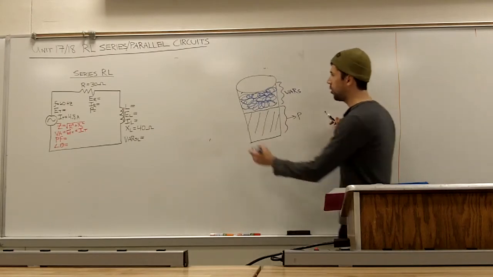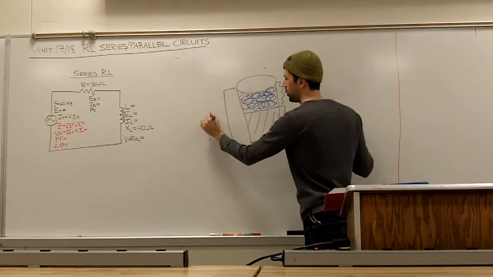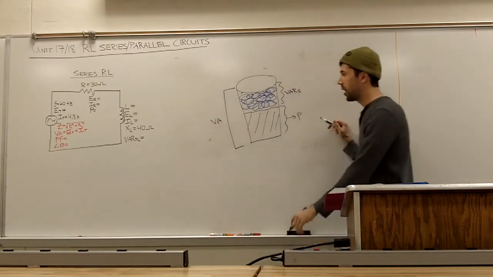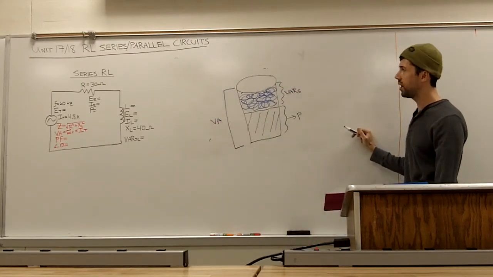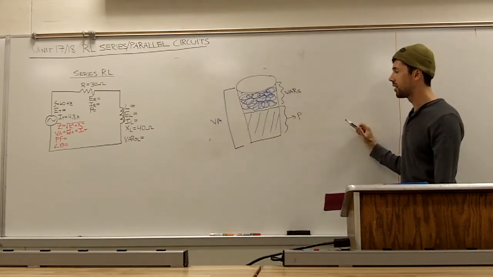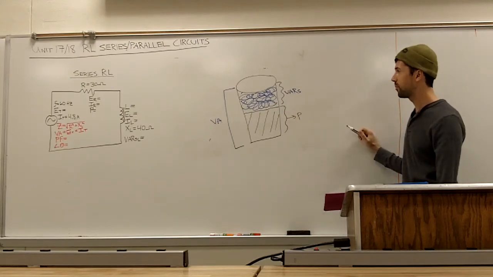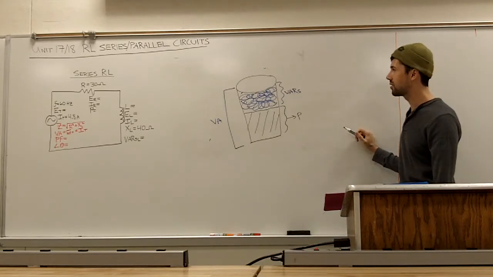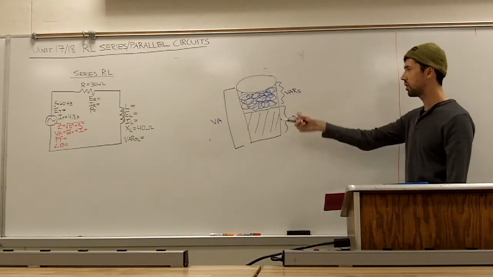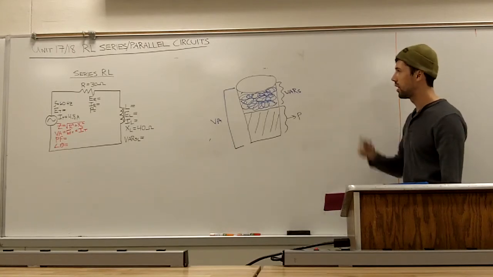And then the total drink would be your apparent power VA. Once again, you're going to pay for the entire cup of beer, but you're only going to be able to actually drink about half of it. So I don't know, that was a sort of interesting analogy I saw used for the relationship between apparent power, true power, and reactive power.